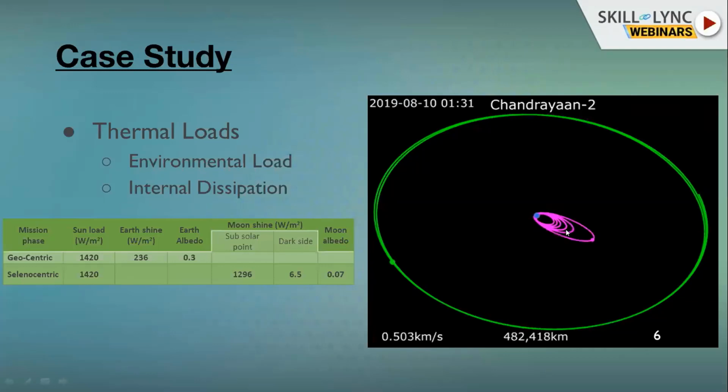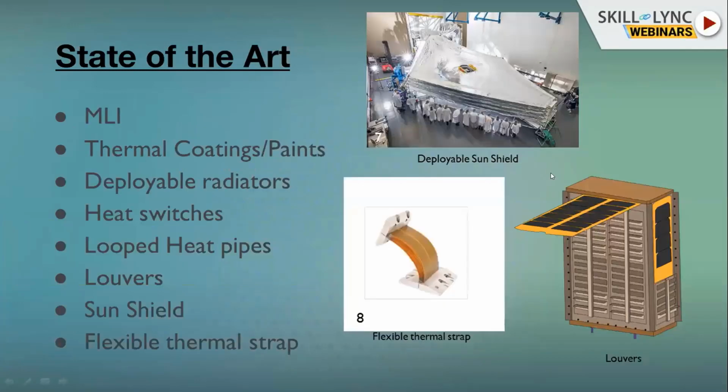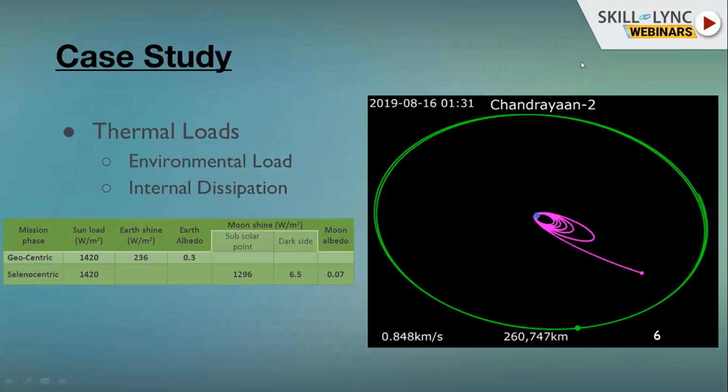Then, if you see this long orbit, which is called a lunar transfer trajectory, which is also an Earth-centric orbit, when it reaches a particular height from the lunar surface, which is around 60,000 kilometers, it is said that it has now reached the sphere of influence of the moon.